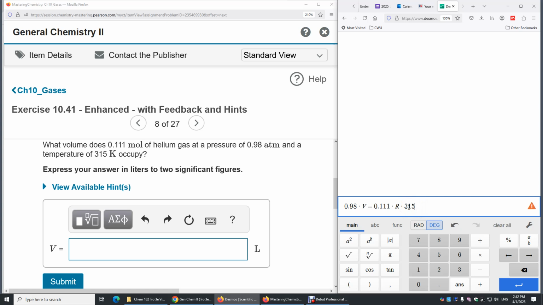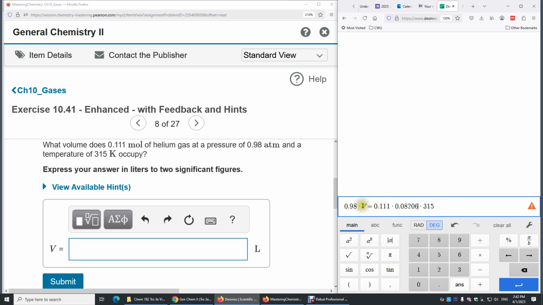The unit of R should be atm times liter, because here we have liter. Atm times liter divided by moles divided by Kelvin. And when that's the case, the value of R is 0.08206.